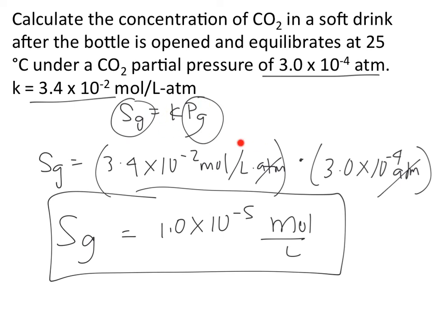We have been given our constant, so we're going to plug our constant into K. We're going to plug in our pressure here. We're going to multiply those two together to give us our overall concentration in moles per liter. So this equation can be manipulated in whatever way necessary in order to get either our pressure value or our concentration value.